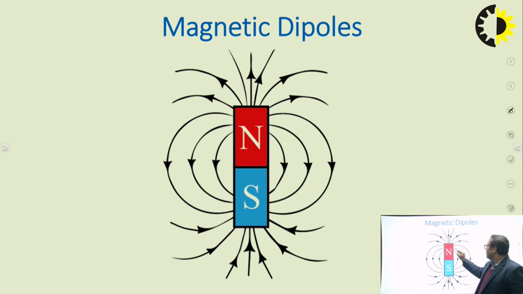At the exterior ends the lines of force are going outward, and at the south pole the lines of force are in the inward direction.